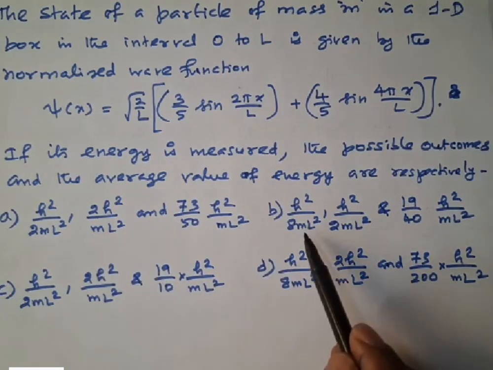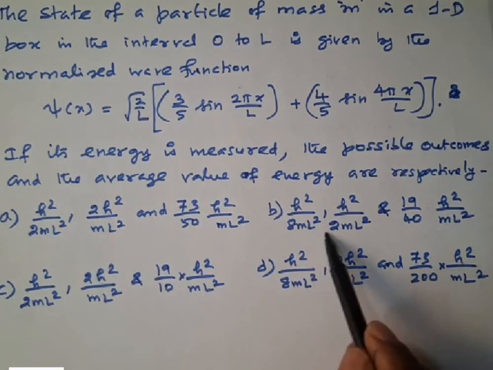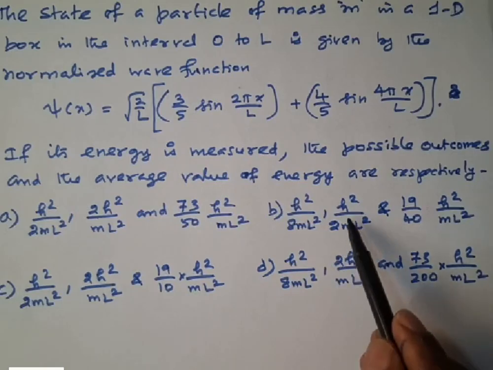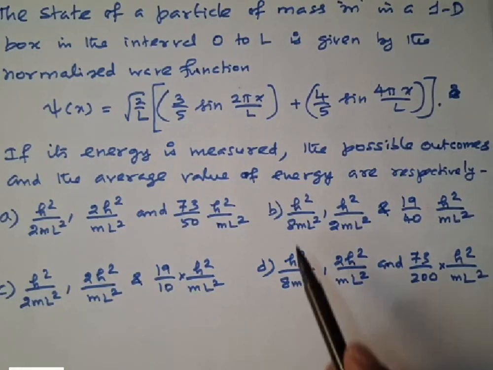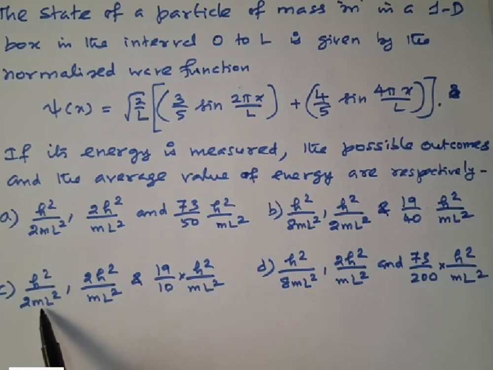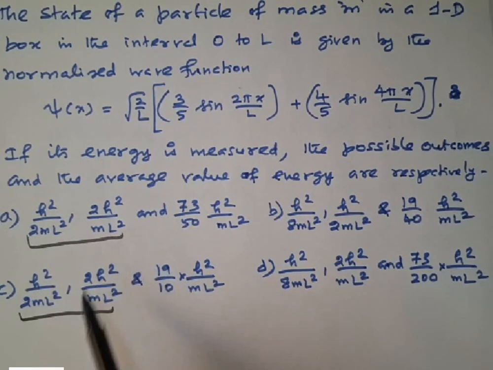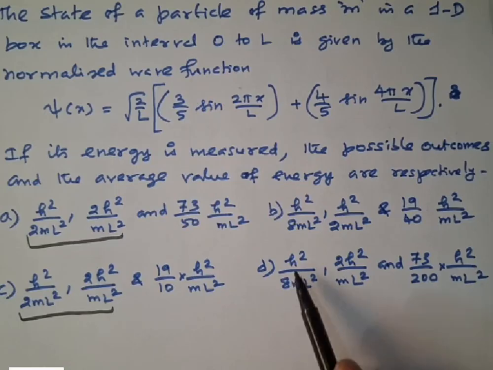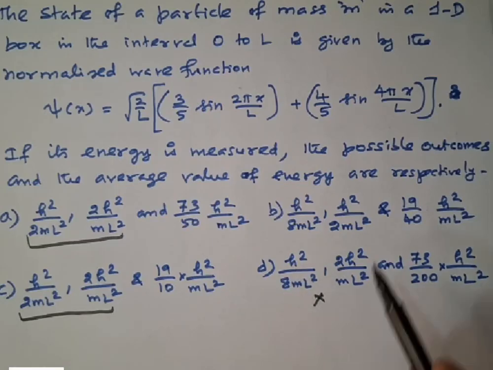This is not possible, because h square by 2 ml square is there and here we have 8, so this is not possible. And here h square by 2 ml square and 2h square by ml square, so this is also possible. So this option and this option are possible options. And what about this? Here we have h square by 8, so this is not possible.